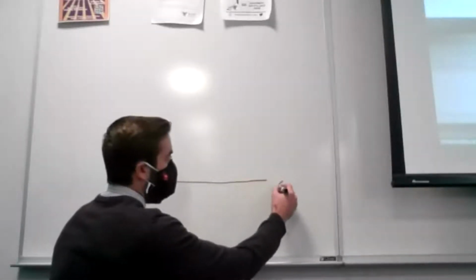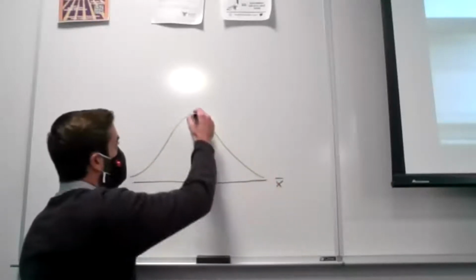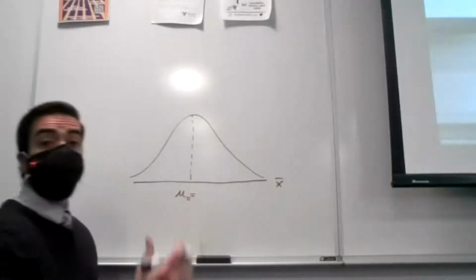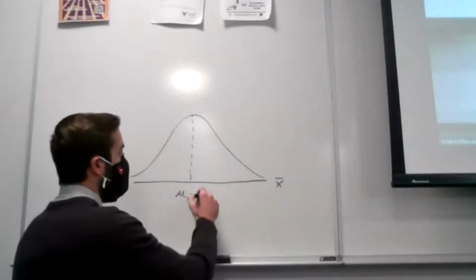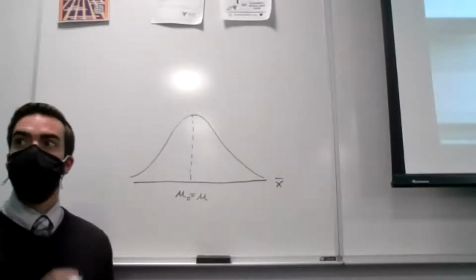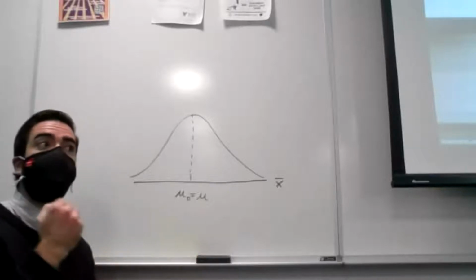So if we have this assumed true mean, and we could do this for proportions, and the assumed true population proportion would still apply. Let's say that in fact that assumed true mean, after the fact, we're able to verify that it is the true population mean.